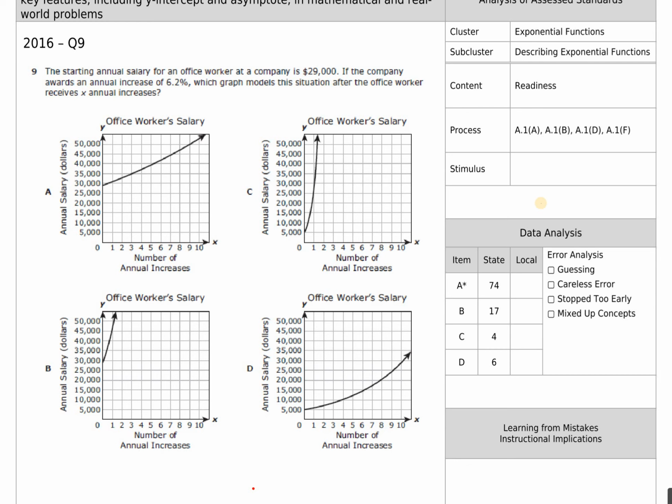We're told that we have 29,000 and there's an annual increase of 6.2%. So if we were to write our formula, our starting value is 29,000 and our rate is 1.062 raised to the power of x.